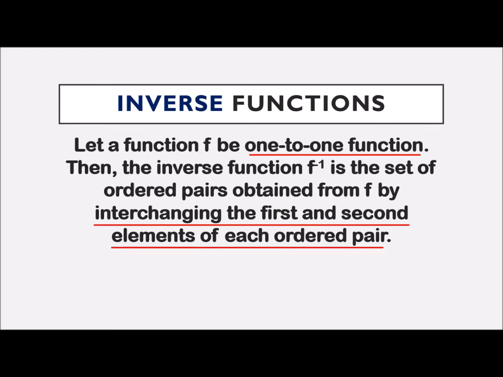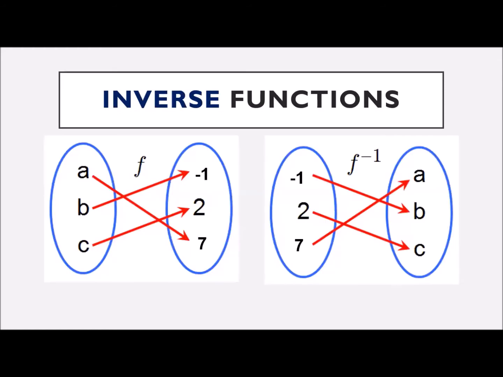We're just going to interchange the first and the second elements. Kumbaga, lahat ng x ay magiging y, yung y magiging x. At ang symbol ay yung f raised to -1. Okay po? So, yan po ang ating symbol for inverse functions.